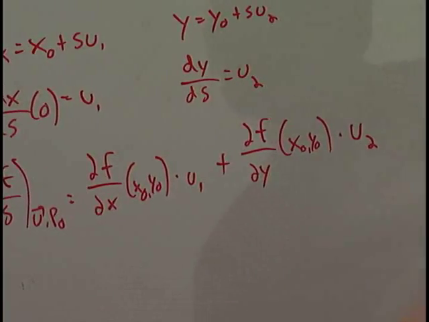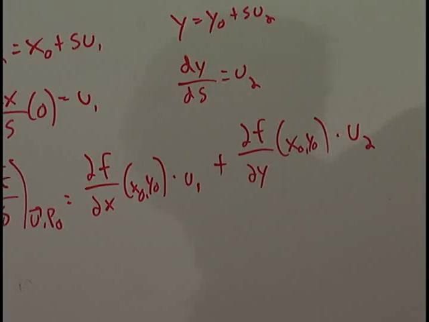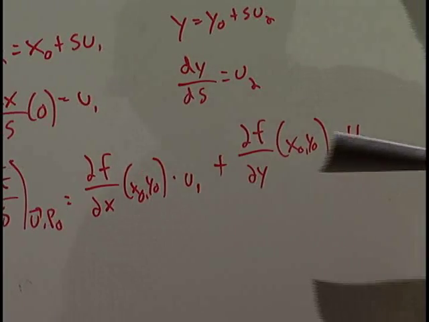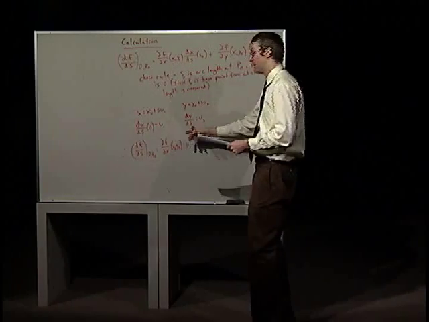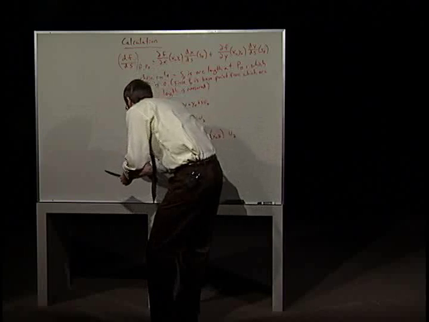And I can write this in a slightly different way, as a dot product of two vectors, and we'll see why in a minute.